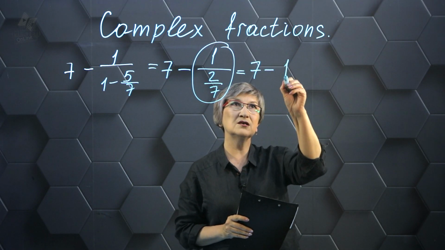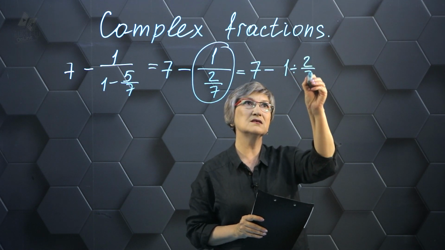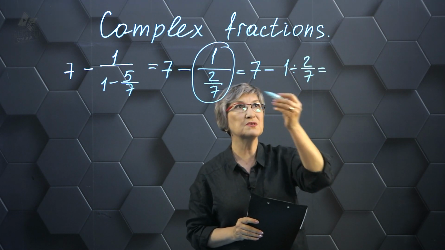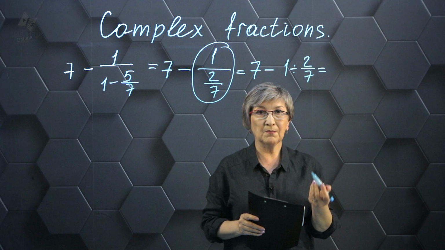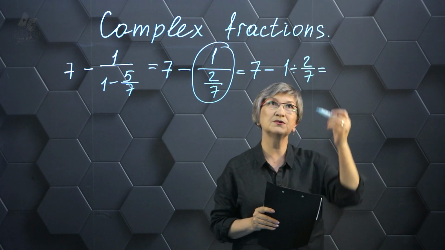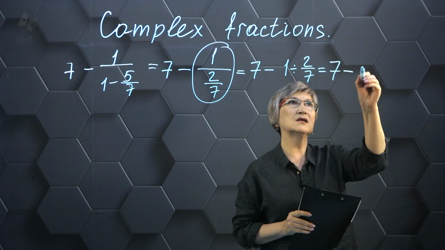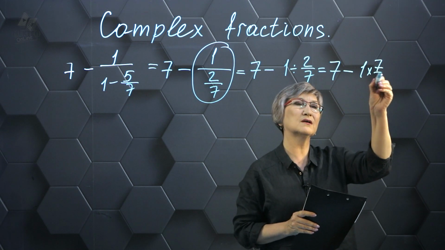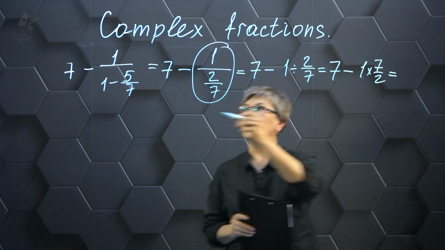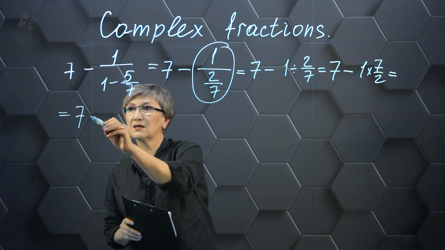So we need to divide 1 by 2/7. When we write it down like this, we know what we're going to do next: 7 minus 1 divided by 2/7, that's 1 times 7/2. And then we can find the value of that expression.